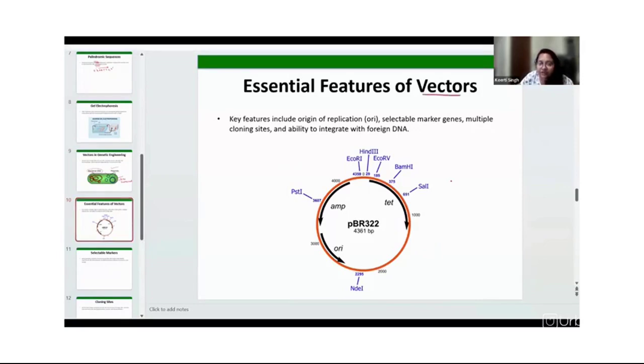So this plasmid DNA is acting as a vector. What characteristics are needed for a vector? One of the most important is the origin of replication. Why? Because it is not dependent on the chromosomal DNA for replication. It must have its own origin, right? It must have selectable markers, cloning sites, and the ability to integrate with the foreign DNA. Because we are transferring our DNA of interest to the host organism, it must be able to integrate that foreign DNA into its own DNA, right?